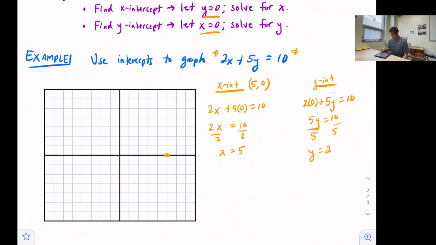So we get y equals 2. So our y-intercept, x was 0, y is 2. So now we plot that at 0, 2. And we have our 2 points, and now we can draw our line through those 2 points. Okay, so we draw our line there, put an arrow at the end, and I'll extend my line in this direction, put an arrow at the end. Okay, and that is how we graph an equation in standard form.